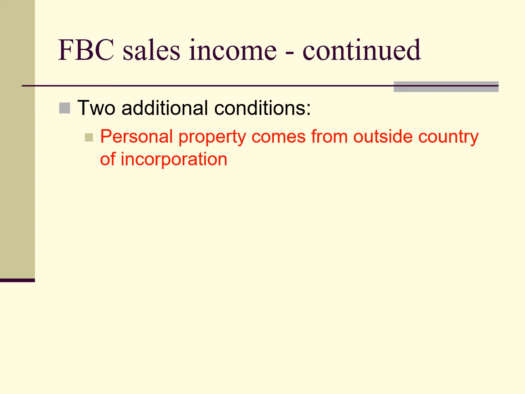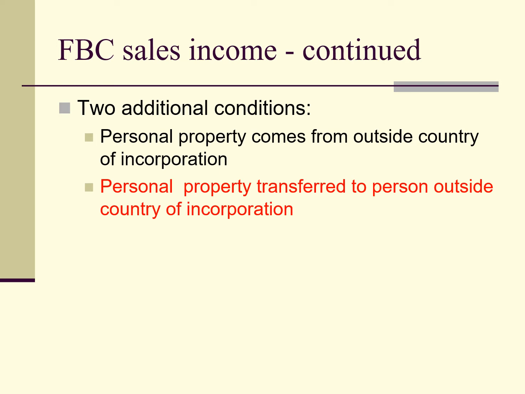The sale of property produced in the CFC's country, for example, does not generally result in FBC sales income. The second is property is sold for use, consumption, or disposition outside such foreign country. Sales to buyers in the CFC's country of incorporation generally do not result in FBC sales income.